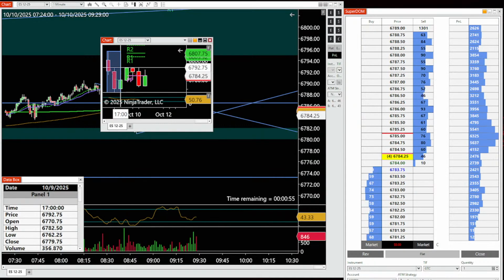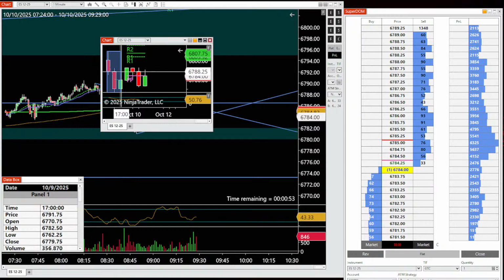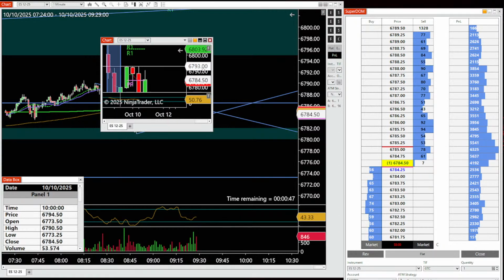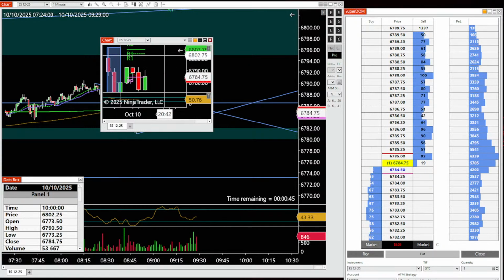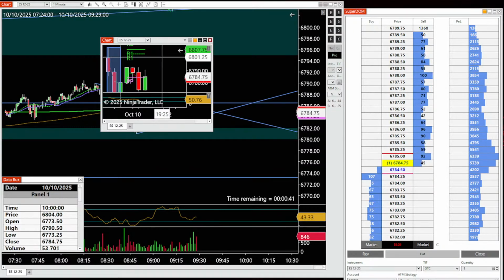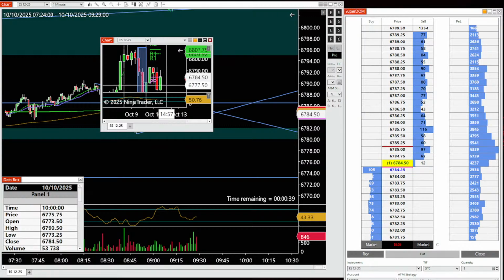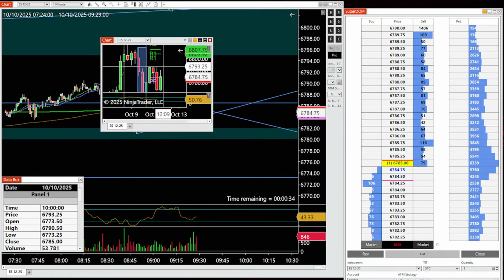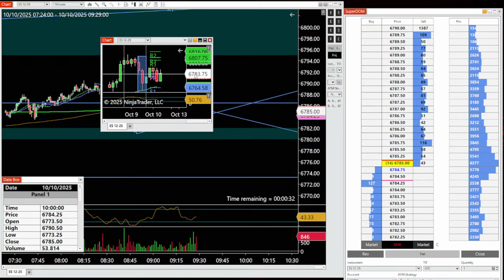Into 93, it's all choppy in here to try to get through here to get higher, to the 800, and then up into the pivots. Just got a lot to get through here.